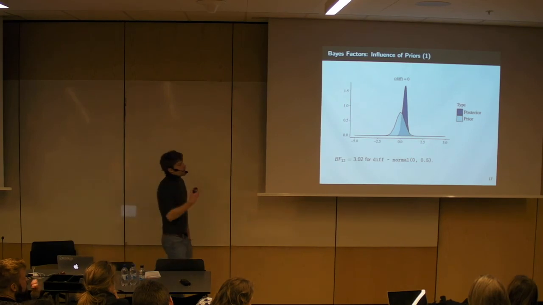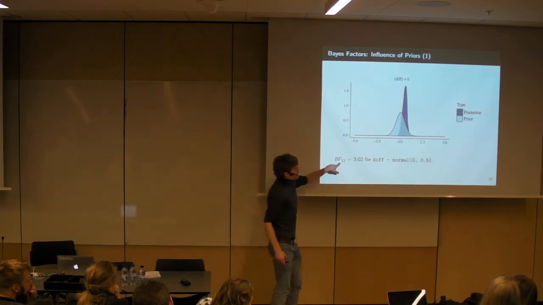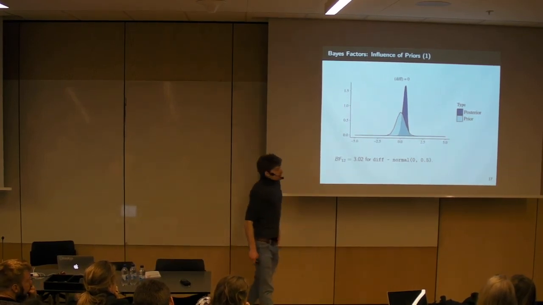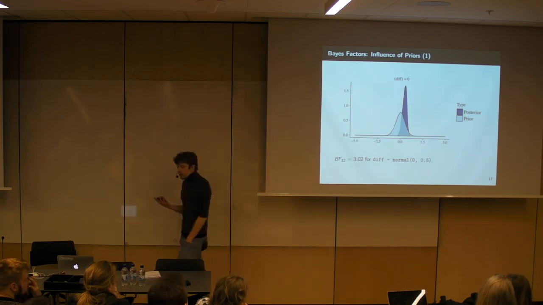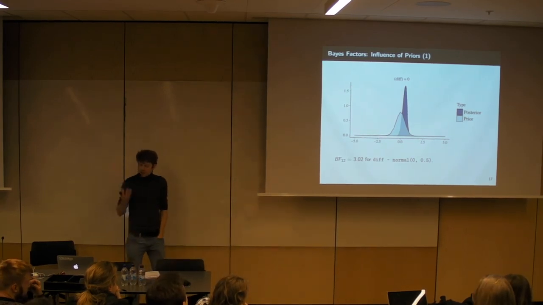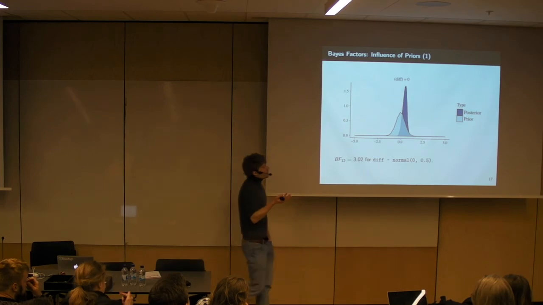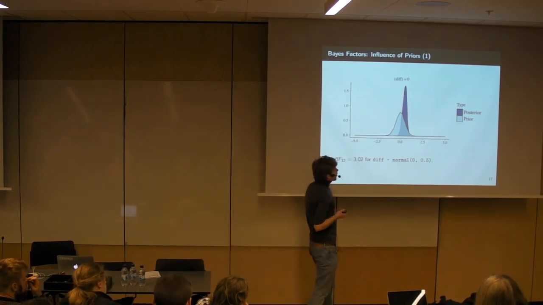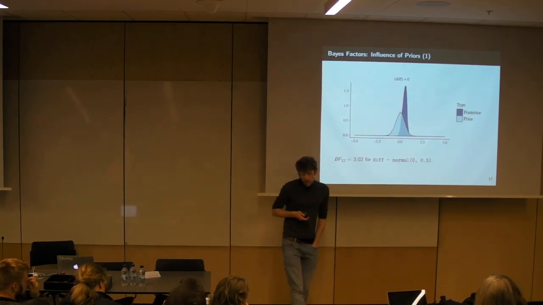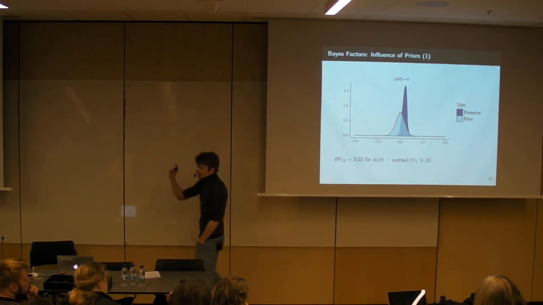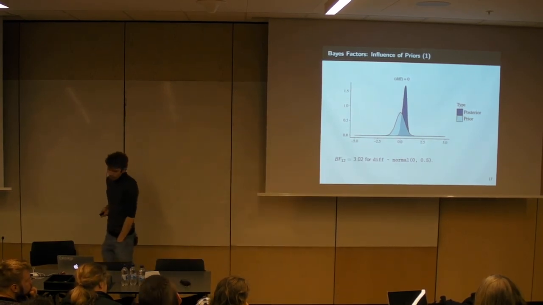So the Bayes factor in favor of the alternative model, that the effect is not 0, is 3. So we have some evidence that the effect is non-zero, but with a Bayes factor of 3, it's very minor evidence.